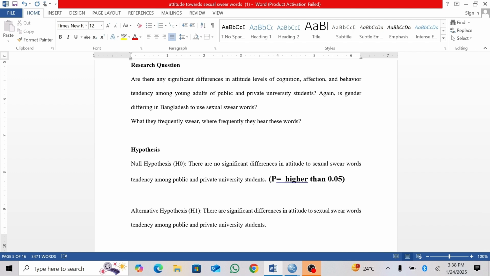And for the alternative hypothesis in terms of the alpha value, p is lower than 0.05.